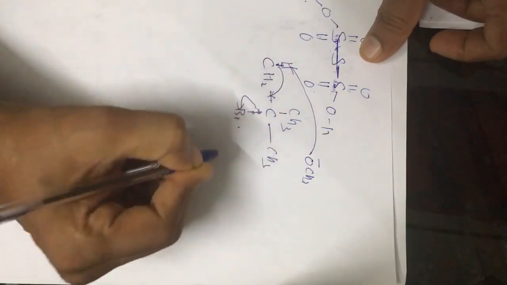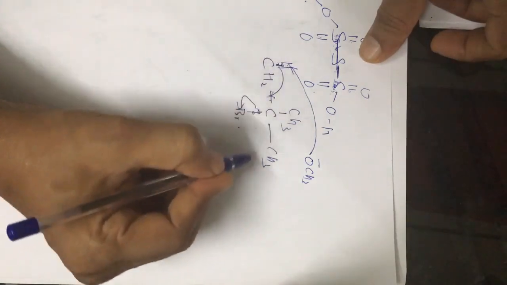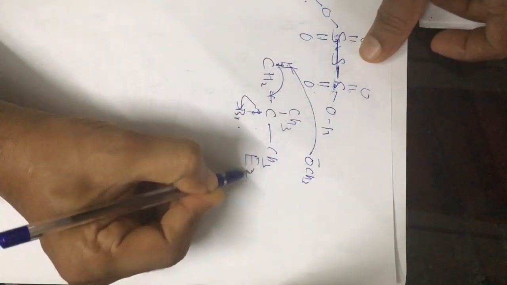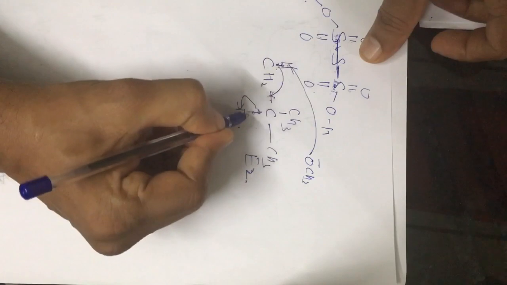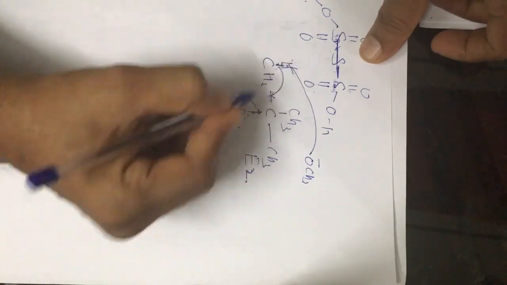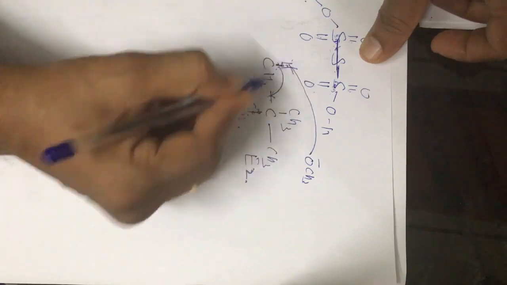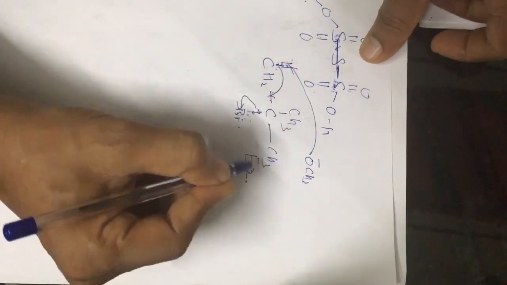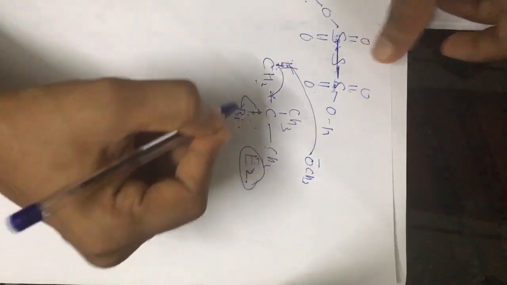Br is removed as Br negative. So this is an E2 mechanism, and for the E2 mechanism there must be anti-periplanarity, meaning the parts which are getting removed must be opposite to each other and they must be in the same plane. Then only the E2 mechanism takes place. So this is it. The correct answer is the fourth option. Okay, thank you.